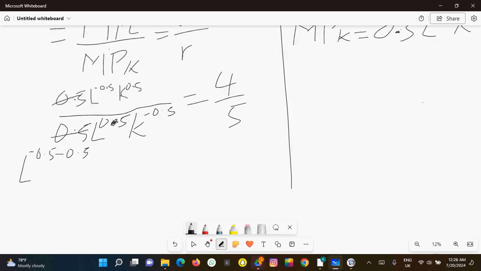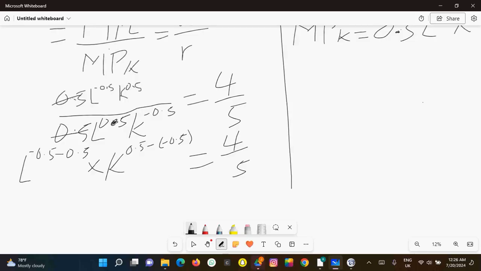Now let's deal with K. They are the same base, so we take one and work with the power. The numerator has 0.5 minus, in brackets, negative 0.5, since it's a division, and that equals 4 over 5.